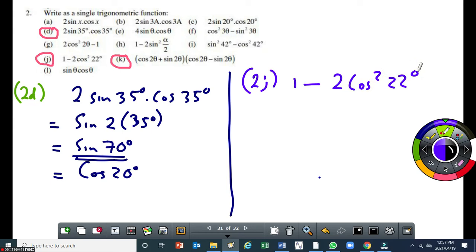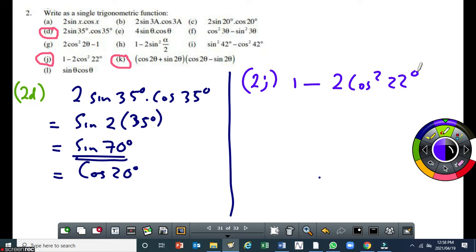Now, if you look at our double angles here, do we have a double angle that looks like this? We have got 1 minus 2 sine squared theta. We don't have 1 minus 2 cos squared theta. So if you want to carry on here, you can factorize.